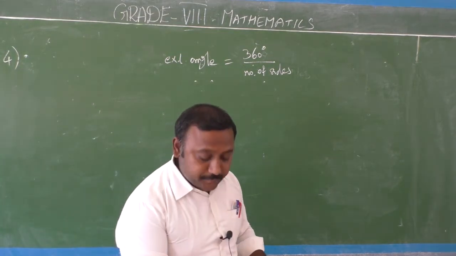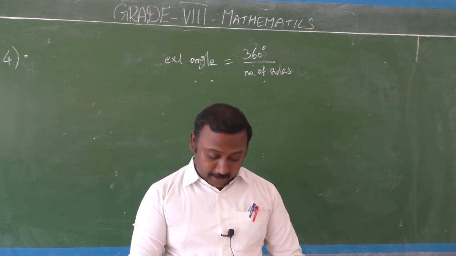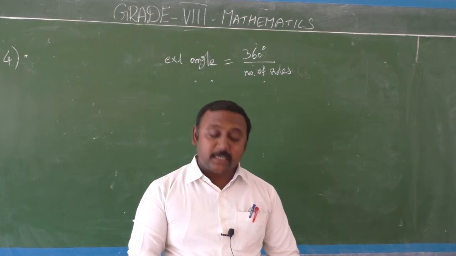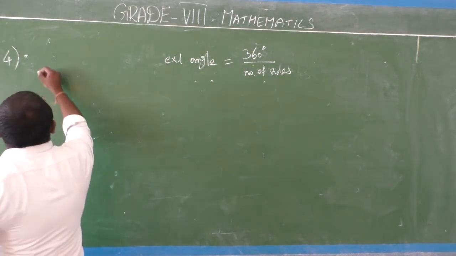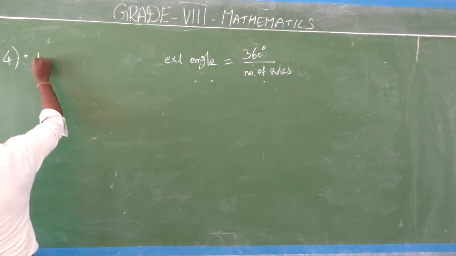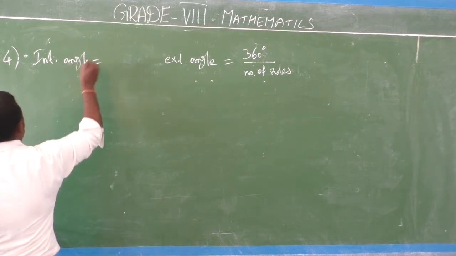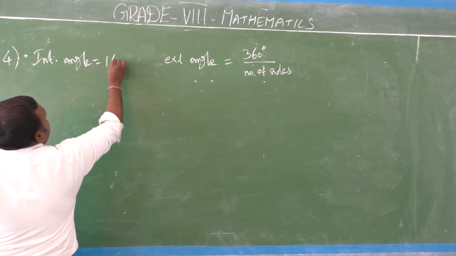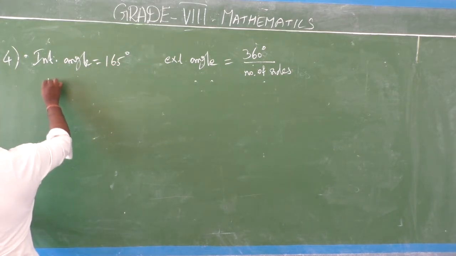The fourth sum: how many sides does a regular polygon have if each of its interior angles is 165 degrees? The question is, if the interior angle is 165 degrees, then how many sides?